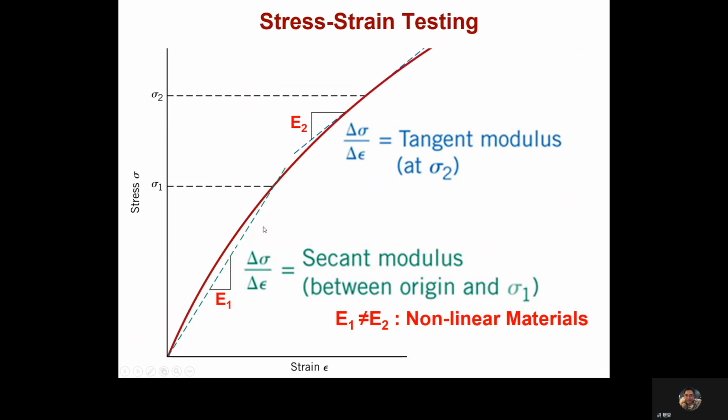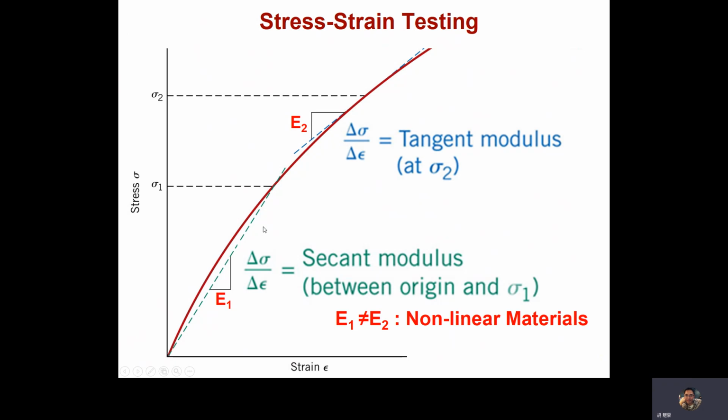And we have to define some materials which have no linear region. So we can define their secant modulus or tangent modulus, depending on how you specify your product.